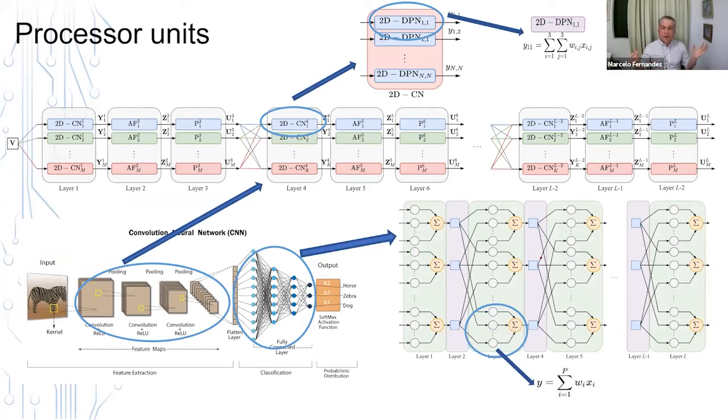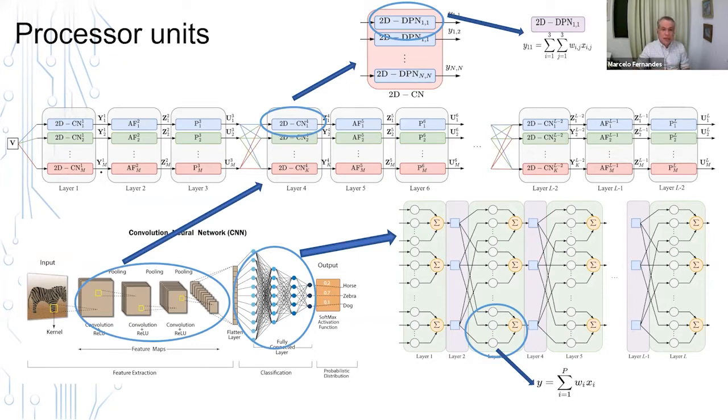This is a very big figure where we can see every processor unit inside of this convolutional neural network.